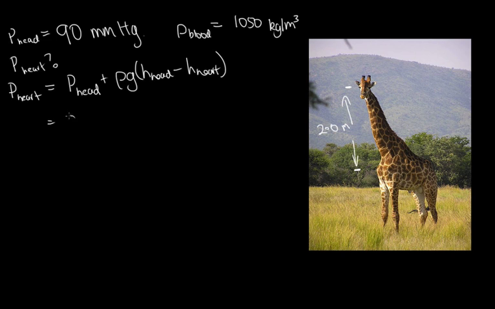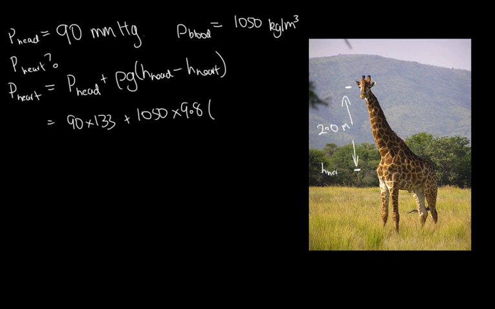So let's substitute everything in. The pressure at the head is 90 times 133 pascals, so this is the 90 millimeters of mercury, and we're converting it to pascals, plus the density, which is 1050, times gravity, which is 9.8, times, now the head is 2 meters above the heart.